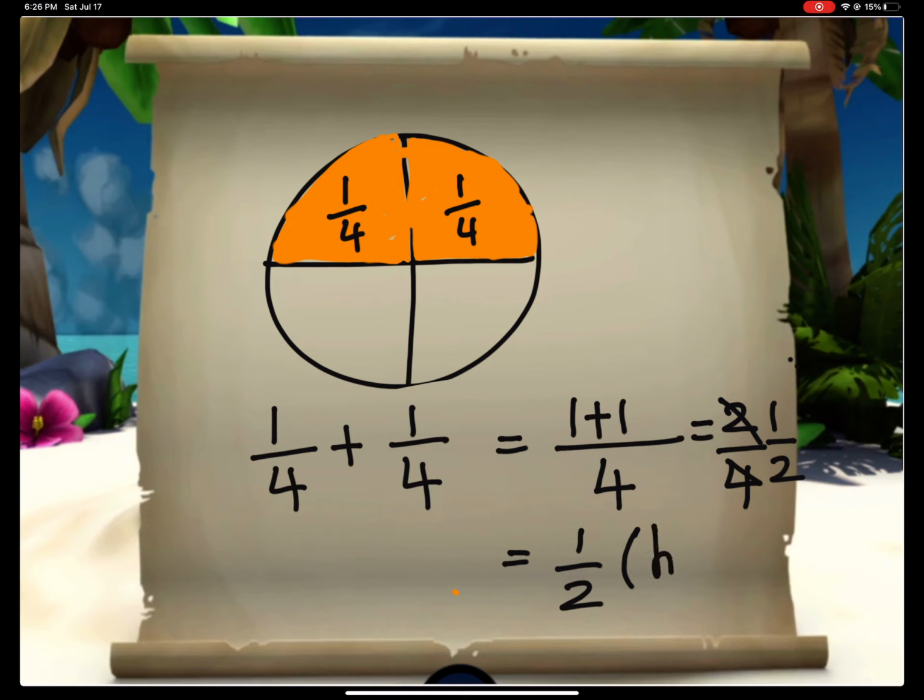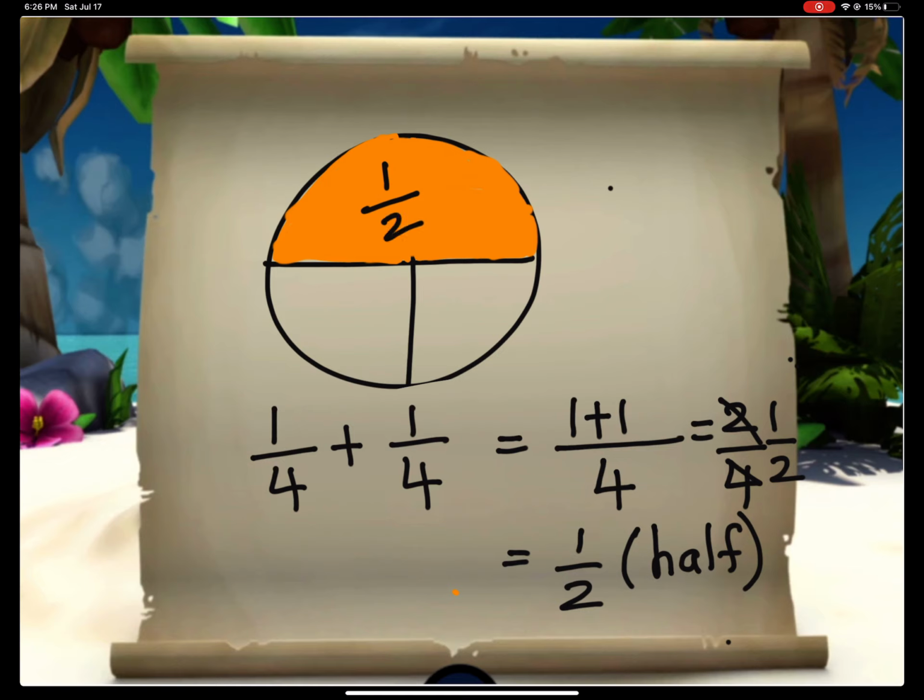You know what is 1/2? 1/2 is called half, right? Okay, so now let me show you how to mention 1/2 on the drawing. So here the whole yellow part is 1/2.